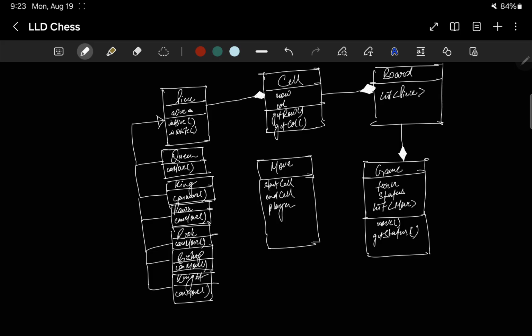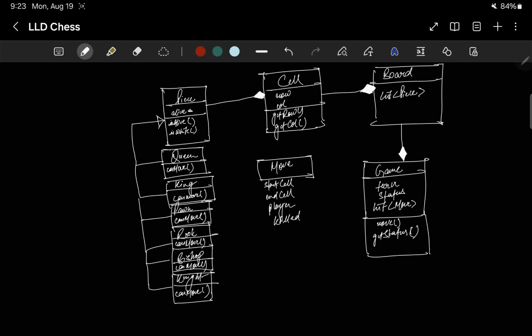Next, did it kill something? Or actually, instead of writing it like a function, let's ask just killed. So the killed will contain the information that this piece got killed, or null, right? So this information will be there in the move.